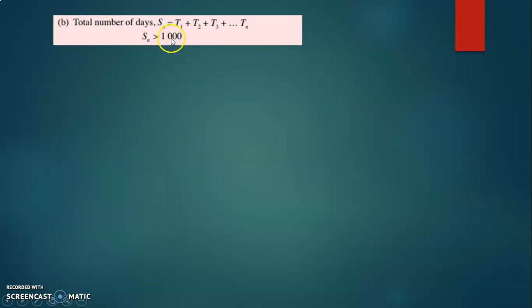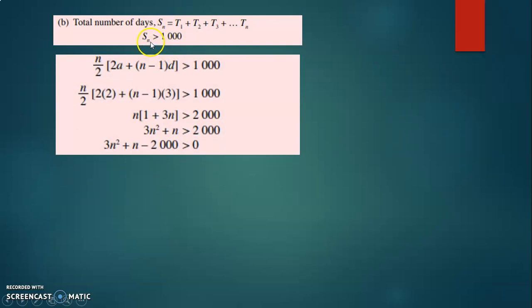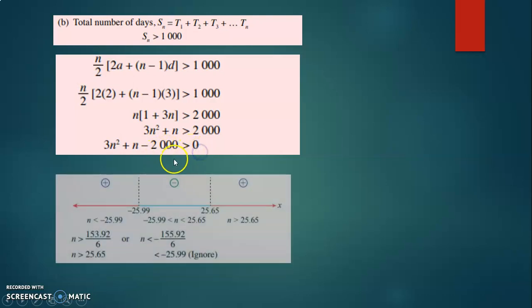Okay, what about the number of days to make over 1000 holes? So Sn, take how many days to make over 1000 holes? So Sn, that means total 要超过 1000, how many days you need? So you just substitute the formula, and from here you get your n. 这个 1 plus 3n greater than 2000, 3n plus n 搬过来。This is a quadratic equation.